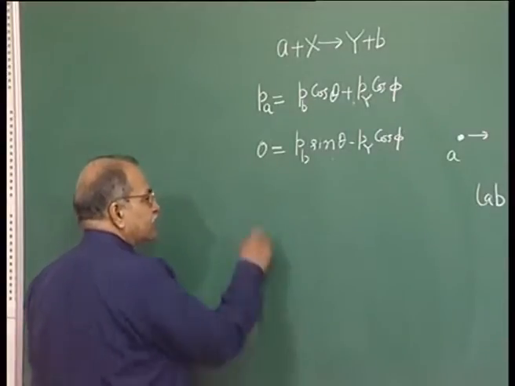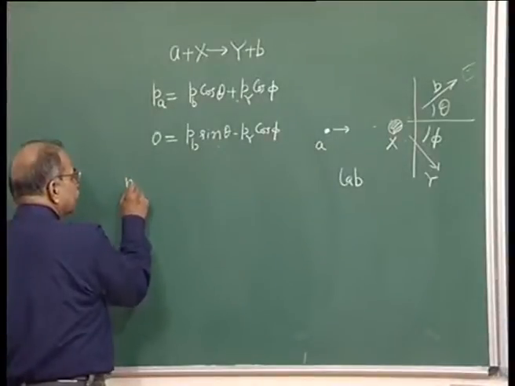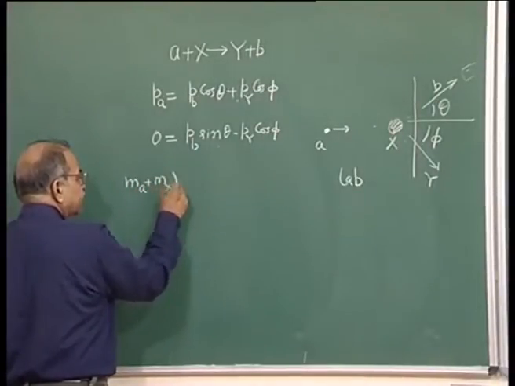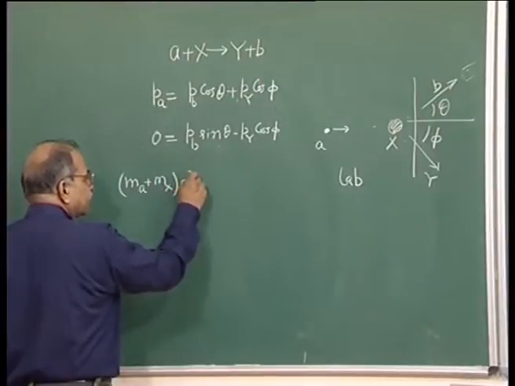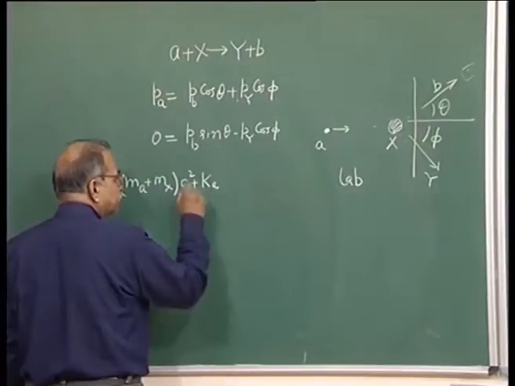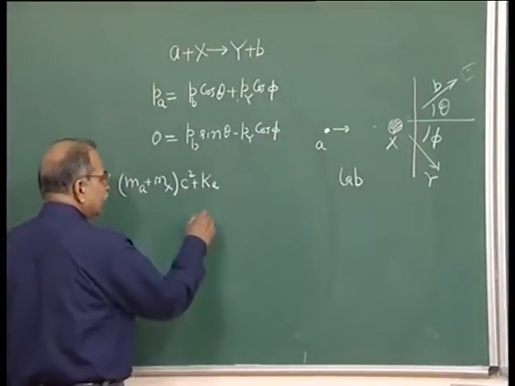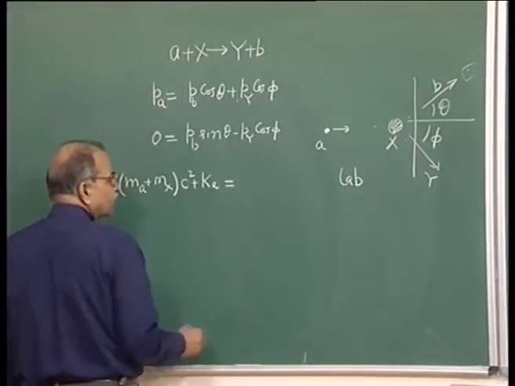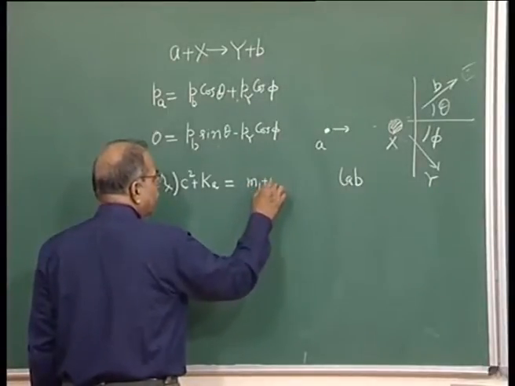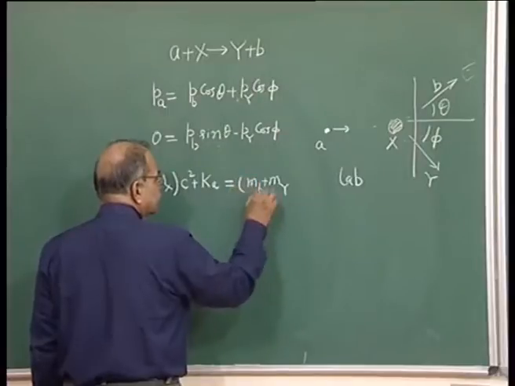Now, energy initially is the mass of A plus mass of x times c square, that is the rest mass energy, plus the kinetic energy of A, and that should be equal to, finally, the mass of B and mass of y times c square.